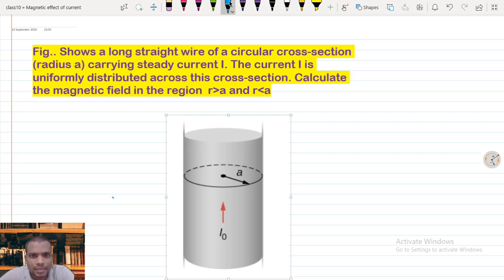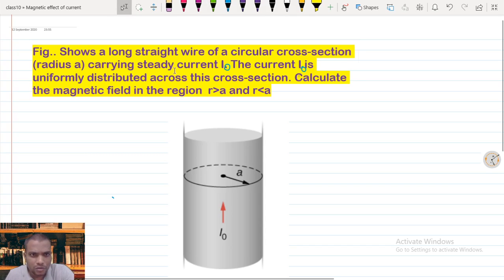The current I naught is uniformly distributed across this cross section. Calculate the magnetic field in the region when r is greater than the radius and r is less than the radius.